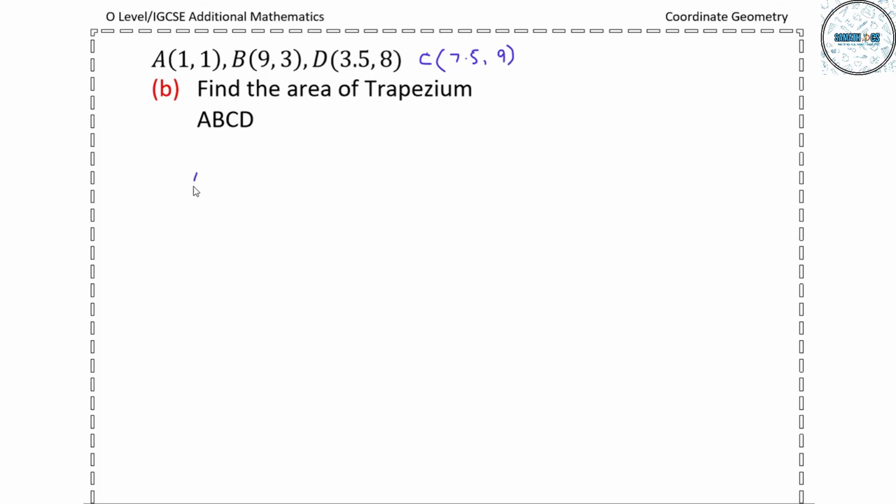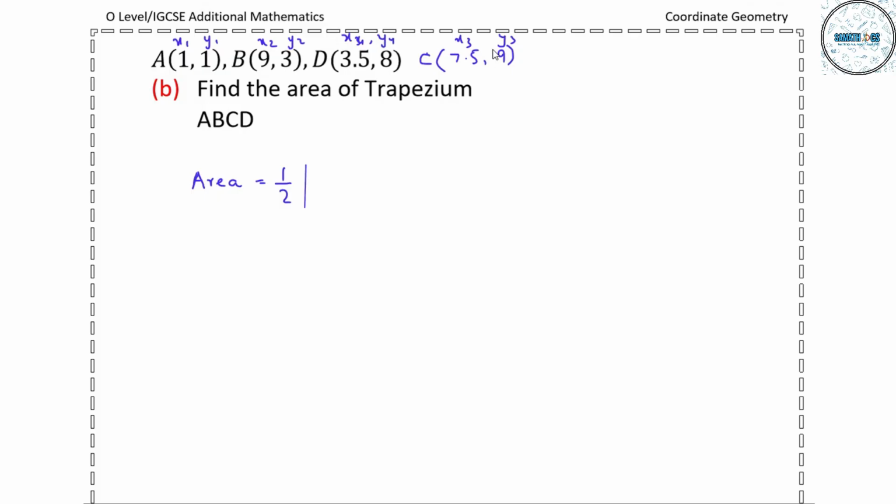We have to take out the area of trapezium ABCD. So simply we will use the Shoelace formula, according to which the area is equal to 1 upon 2 absolute of x1 y1, x2 y2, x3 y3, x4 y4.